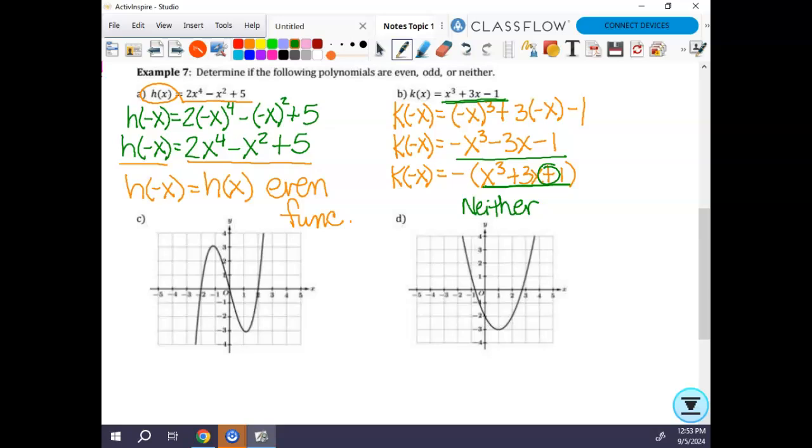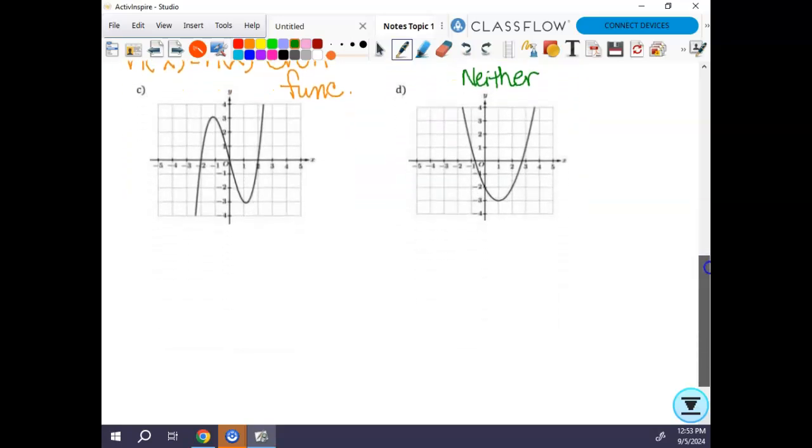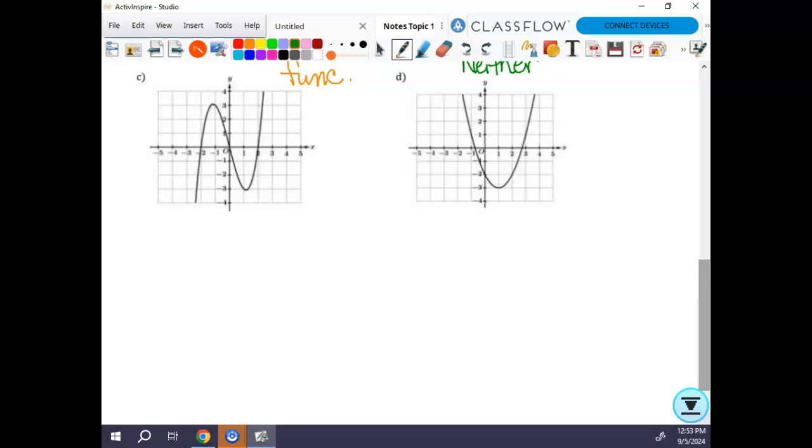All right. I know it's getting down to short on time, but we can finish these two because these will go fast. On C, do we think this is even, odd, or neither? Odd. And that's because, look, my (1, -3), and this is (-1, 3), or close enough, right? So I can say that (x, y) maps to (-x, -y).